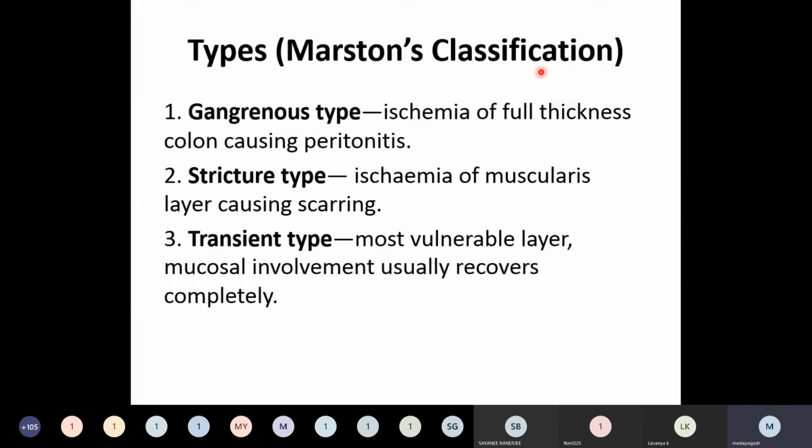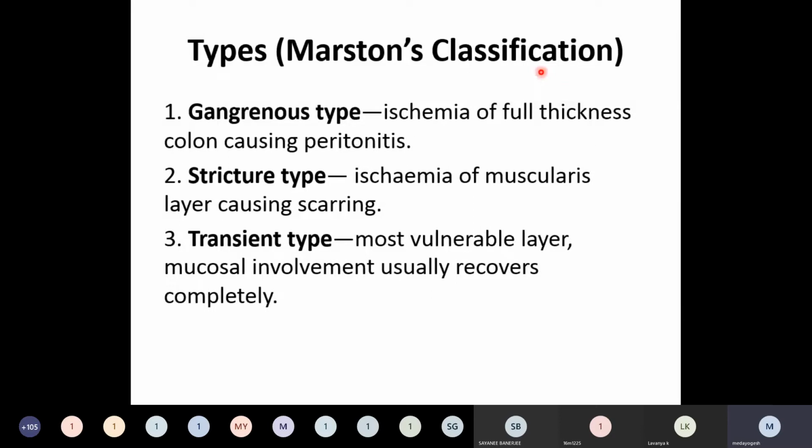There is one more classification, called Marston's classification, of ischemic colitis. There are three types based on this classification. One is the gangrenous type, which is because of ischemia of the full thickness of the colon, and it inevitably results in peritonitis.